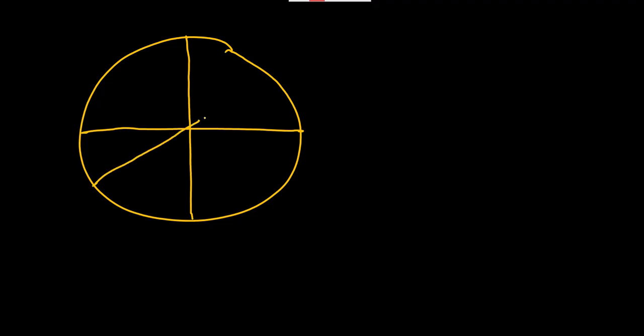How is the formula for the area of a circle designed? You divide this circle into 8 parts. You can divide into 16 and more also. If you divide more and more, then you will get more clarity regarding how the formula developed. I divide into 8 parts: 1, 2, 3, 4, 5, 6, 7, 8.